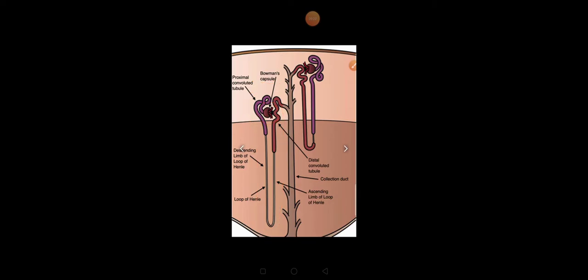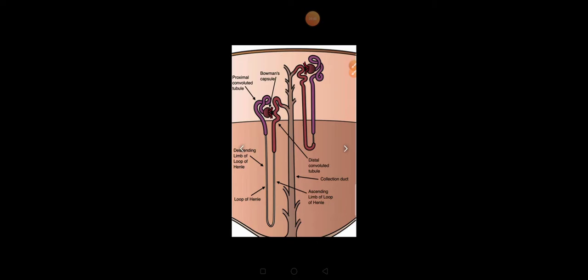The first part which you see in purple is called the proximal convoluted tubule, that is PCT. So from the Bowman's capsule, it will form a broad tube which is called the proximal convoluted tubule.